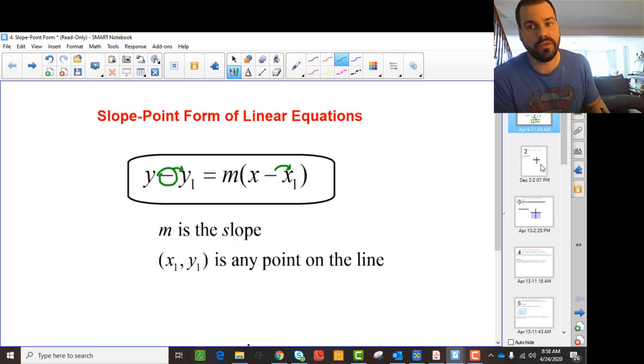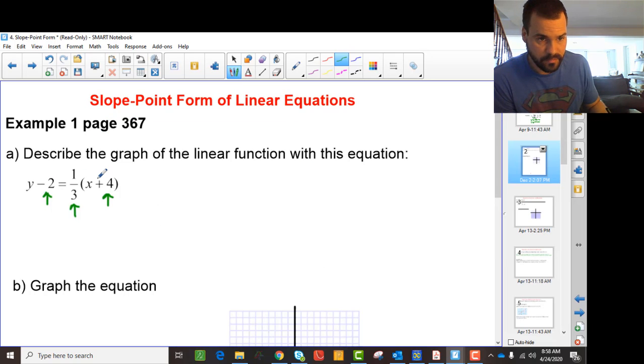All right. So if you have a plus, like we do here, and same thing here, if we have a plus, then actually the y value or the x value, x1 or y1, whichever you're talking about, is the opposite sign. Okay. So in other words, if there's a negative here, the y1 is positive. If there's a positive here, the x1 is negative.